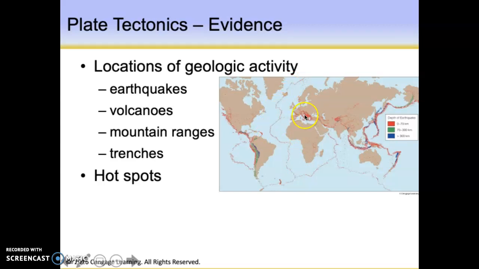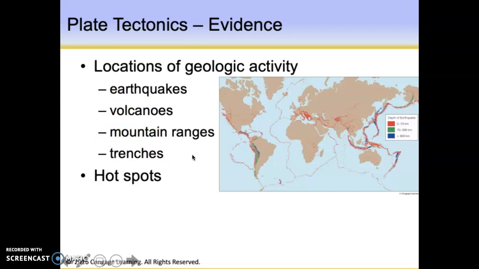If we go into Europe, these earthquakes are associated with mountain ranges. If we go to southern Asia, these earthquakes are also associated with giant mountain ranges. And then if we go around the Pacific, we find not only volcanoes associated with these earthquakes, but some of the deepest places on the ocean floor, the trenches. So we have lots of geologic activity focused in these very narrow areas.